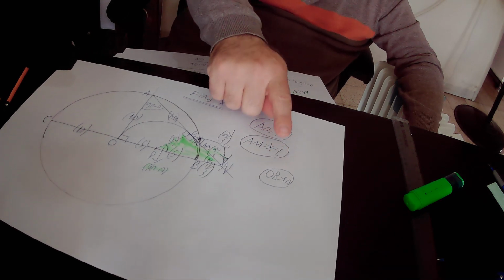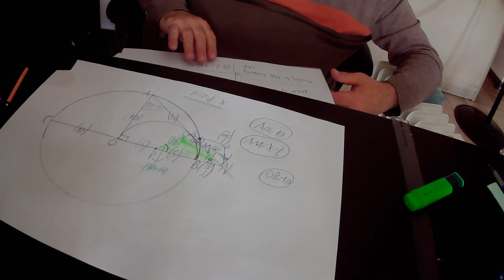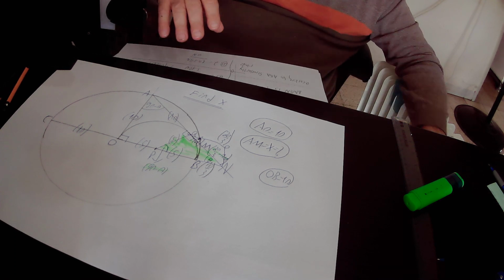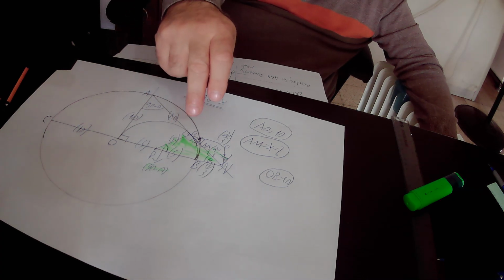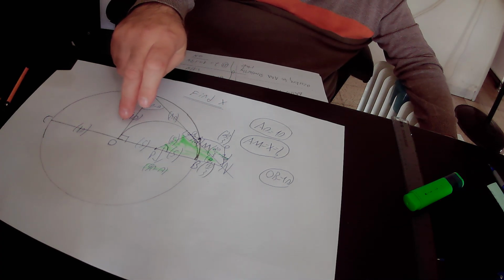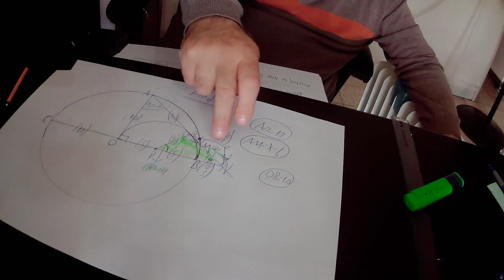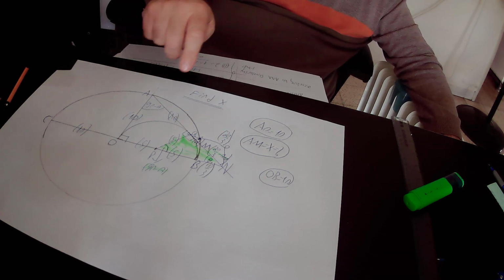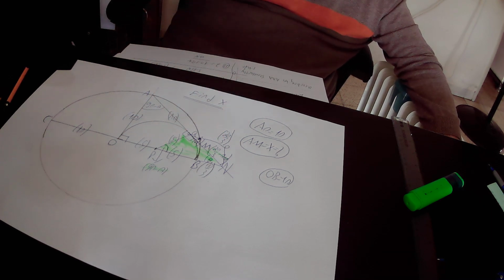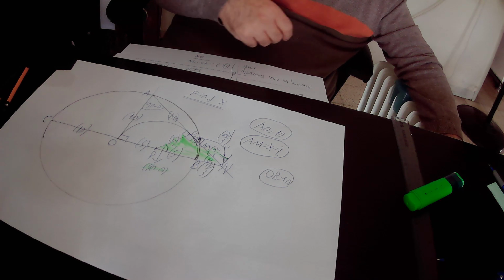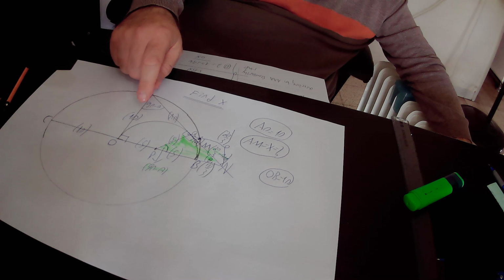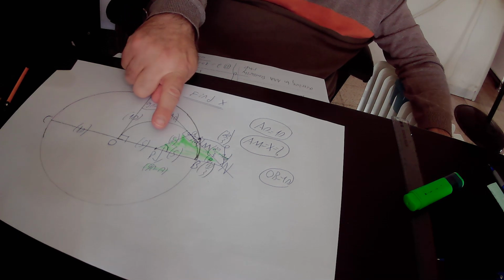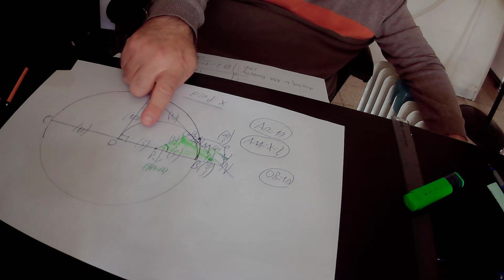OB equals 10. But OB is not only the radius of this quarter circle, it is also the diameter of this semicircle. So OB is the diameter of the semicircle. We define the center of the semicircle as P. Therefore, the radius OP of this semicircle must be equal to 10 over 2, that is 5.